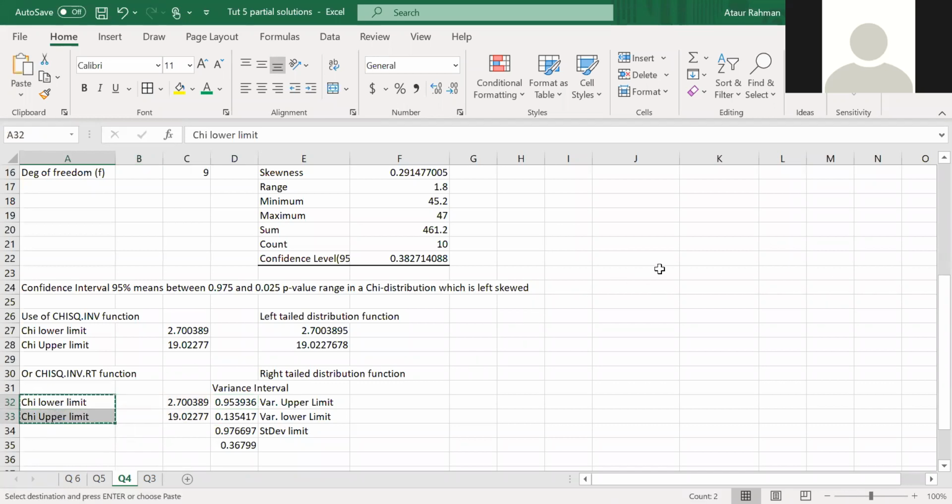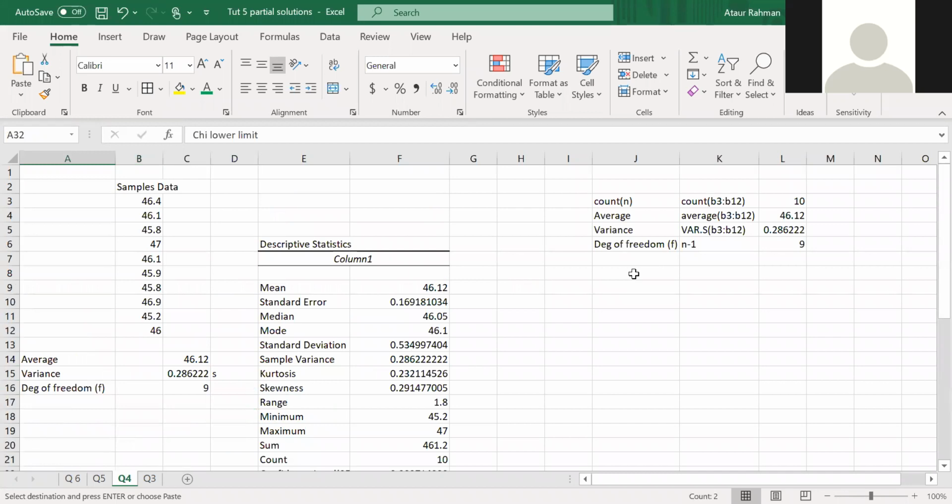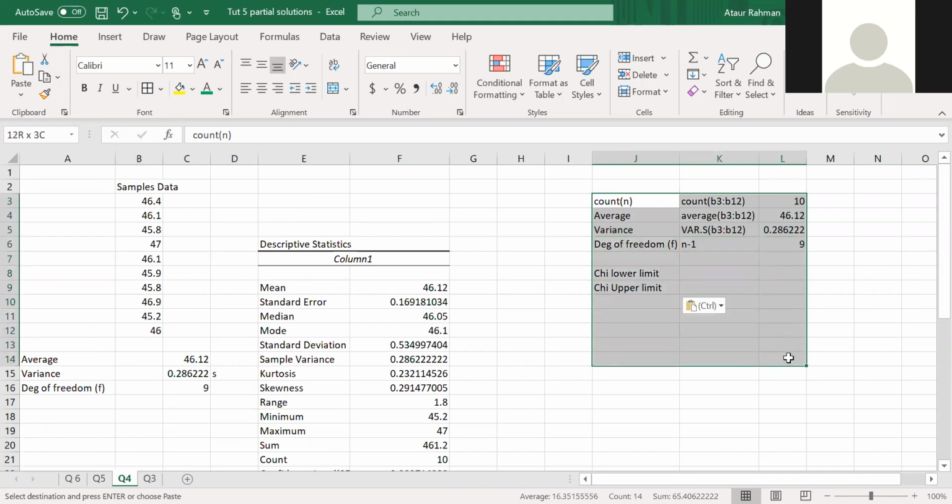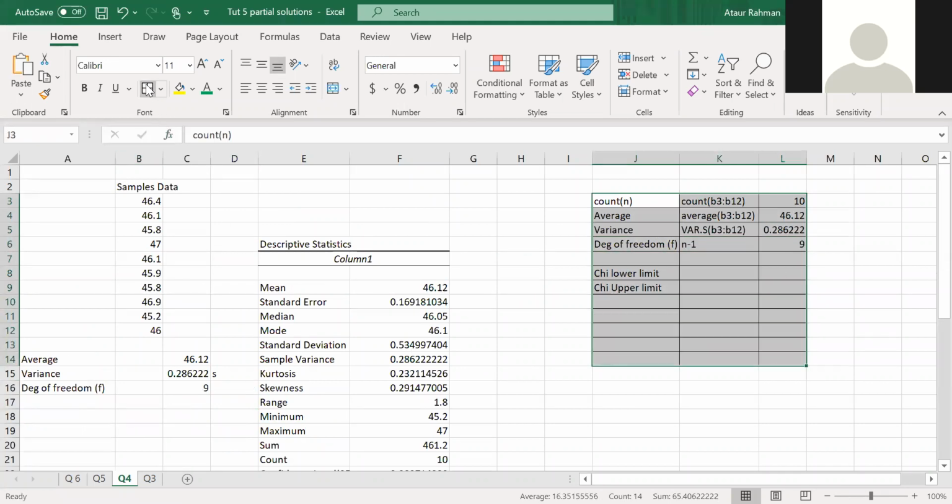Let me save my typing. Okay, so let us put a row boundary here. So we have to do a chi-square lower limit and a chi-square upper limit.